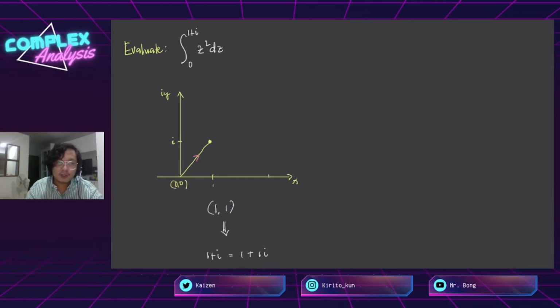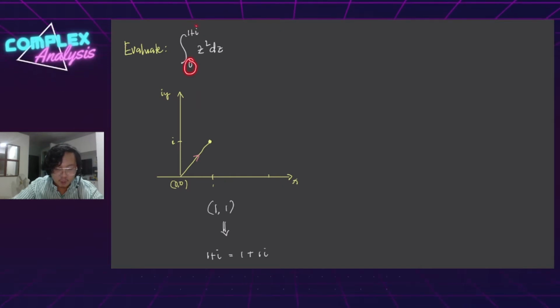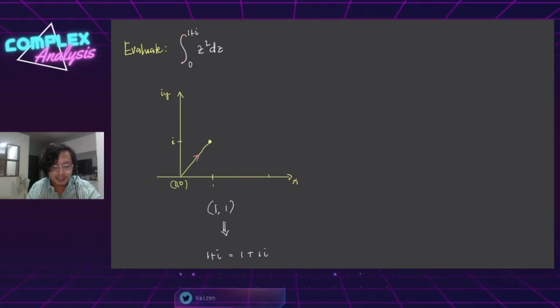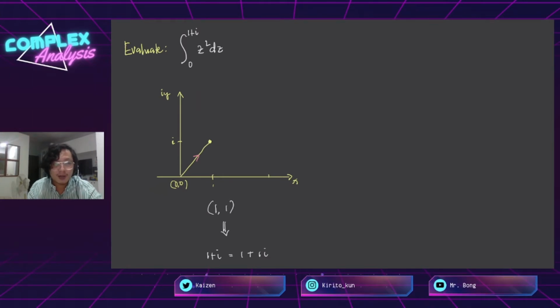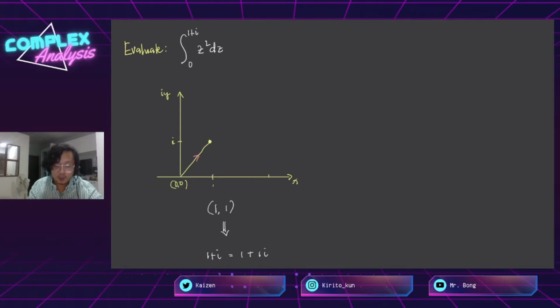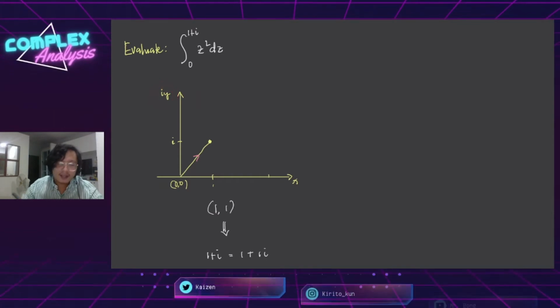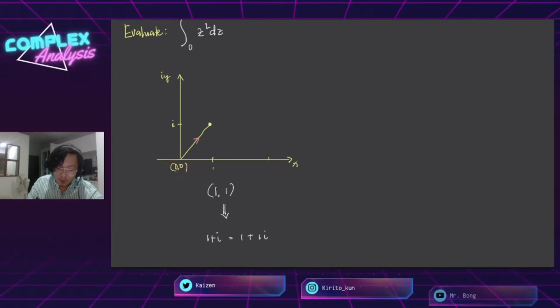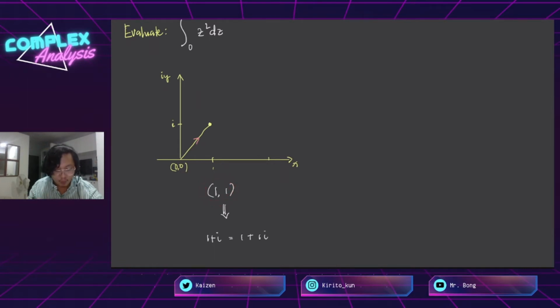Here we want to evaluate the integral from 0 to 1 plus i of z squared dz. From 0 to 1 plus i, we can think of that as the straight line path between the point 0 and the point 1 plus i. If we consider the complex plane, 0 is just the origin, with the x-axis as our horizontal axis and the y-axis as our vertical axis. So 1 plus i is really the point (1, 1), the ordered pair (1, 1).